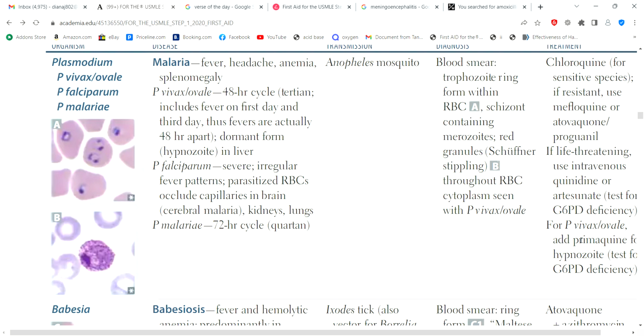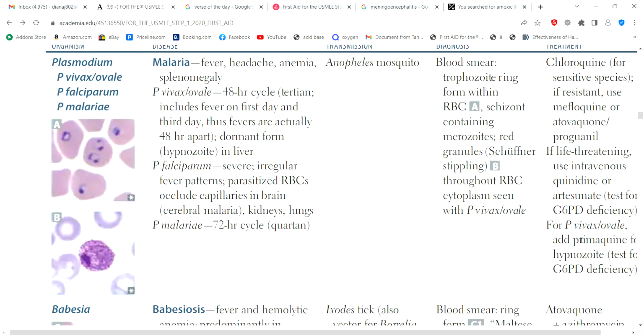Falciparum is severe, with irregular fever patterns. Parasitized RBCs occlude the capillaries in the brain. This causes cerebral malaria. You also see this in the kidneys and lungs.